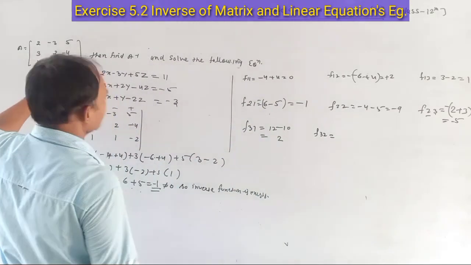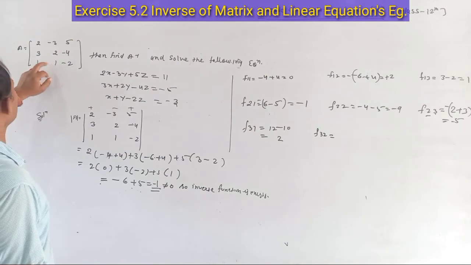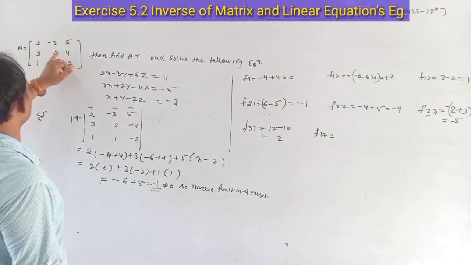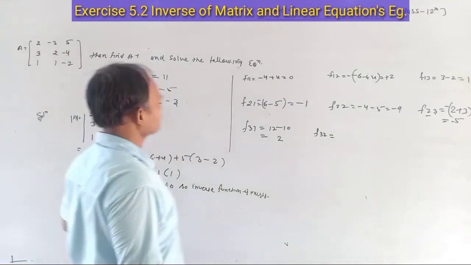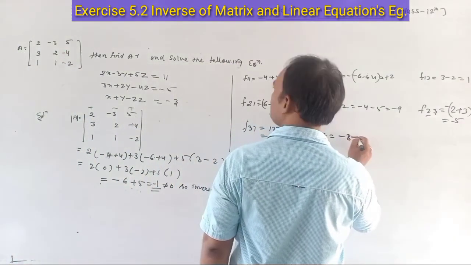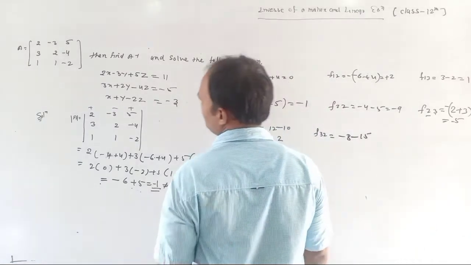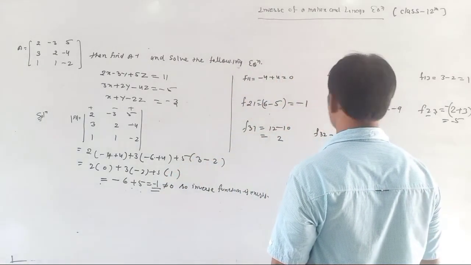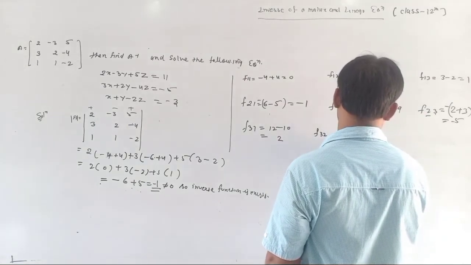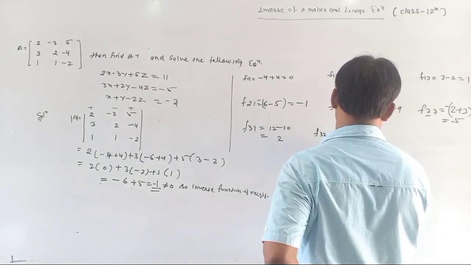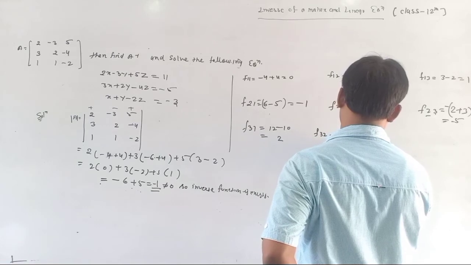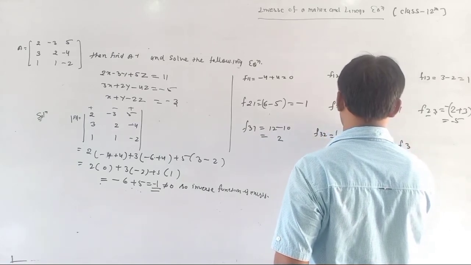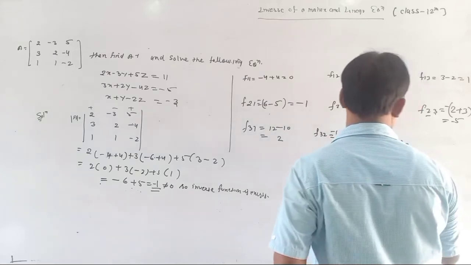F32 means we have to find with respect to 8, so it is minus 8 and minus 15, so it is minus 23. For F33 we use a negative sign, so we are using plus 23.